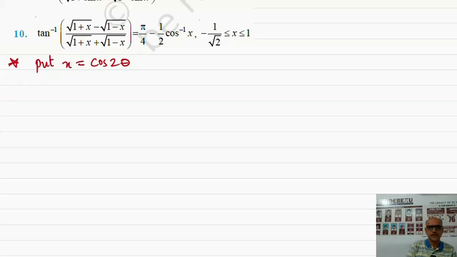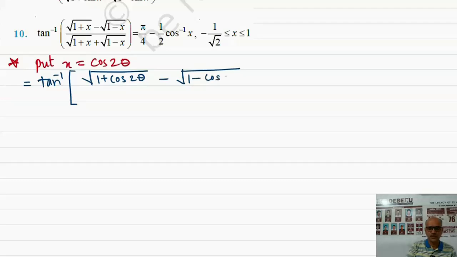So substituting cos 2 theta, the given expression will be tan inverse of root of 1 plus cos 2 theta minus root of 1 minus cos 2 theta, divided by root of 1 plus cos 2 theta plus root of 1 minus cos 2 theta.